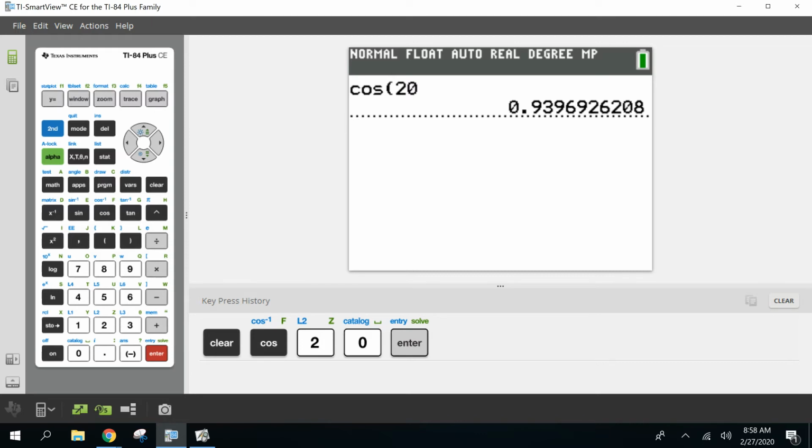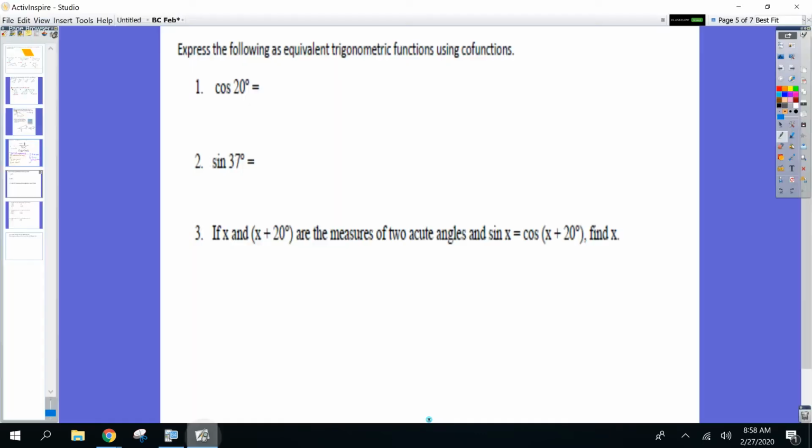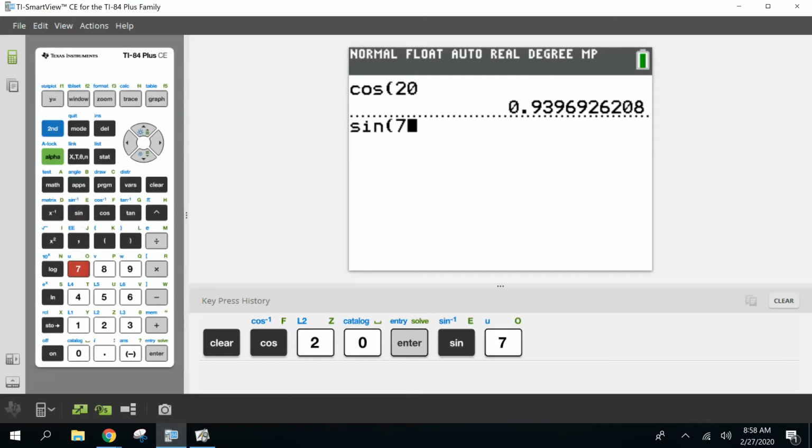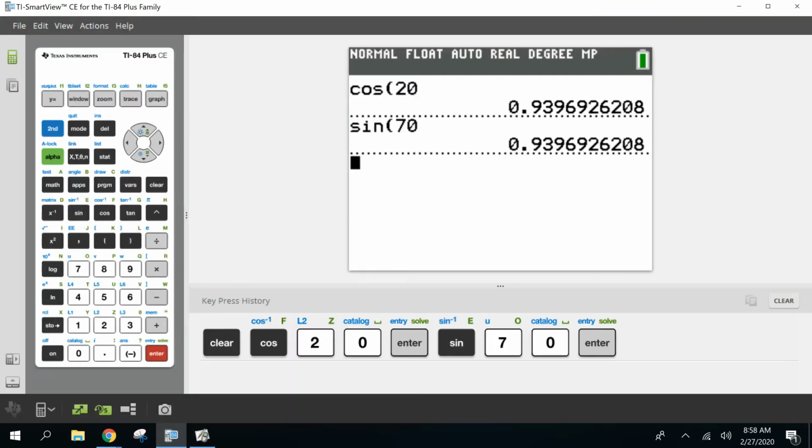All right, what's cosine a cofunction with? Sine. And if sine and cosine are going to be equal, their angles better add to 90. So what's our guess before we check it? All right, let's see. Boom. We could do this all day long.